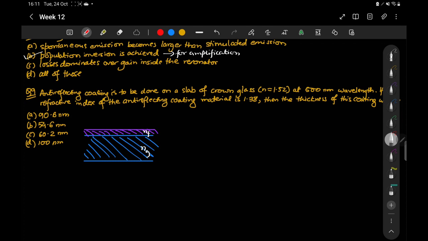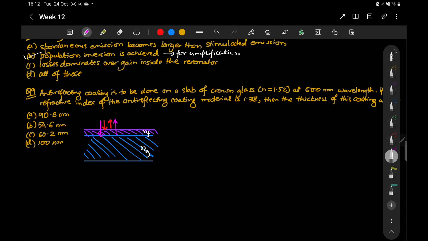Now for this to be anti-reflecting, what happens is, let's say there is one incident ray and it reflects from the top surface of the coating. Then let us say there's another ray, which gets reflected from the glass. So we have these two rays.